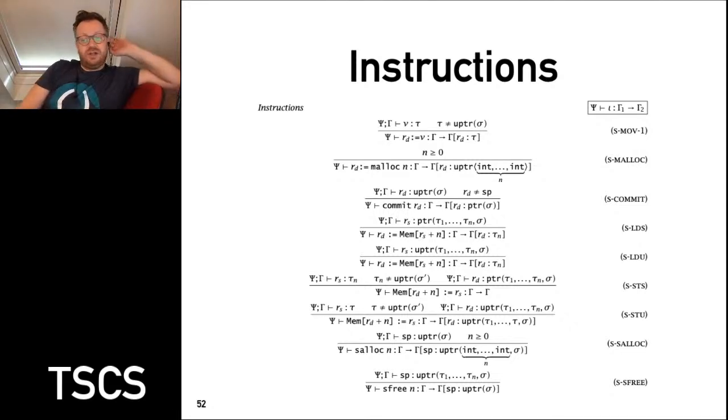So it's just a special version of this. And the commit is basically changing the types from unique pointers to shared pointers. The alloc just allocates a unique pointer in the register typing. So keep in mind, you always start out with a unique pointer and you have to commit it to make it shared, to output it to some other function. Otherwise, it won't be possible to use.